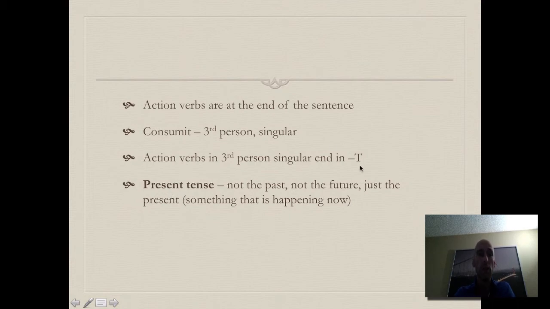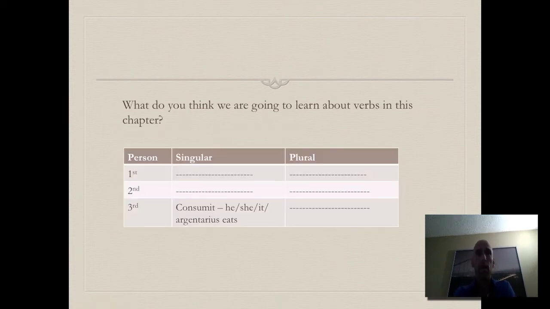So make sure that you take notes on these 4 things that you already knew before. So make sure you put, I knew this. What do you think we are going to learn about verbs in this stage? I should put stage.